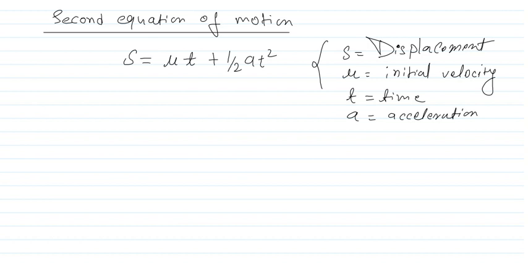So a body has a initial velocity u and a uniform acceleration a, means the body is accelerating, and after time t its velocity becomes v, that is the final velocity. And let's say in this whole time it covered some distance s.